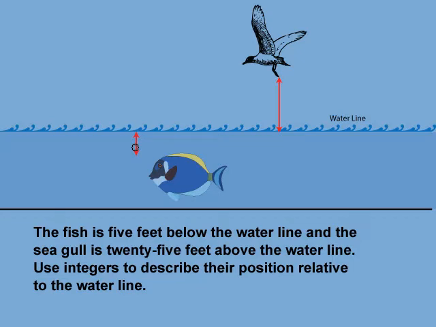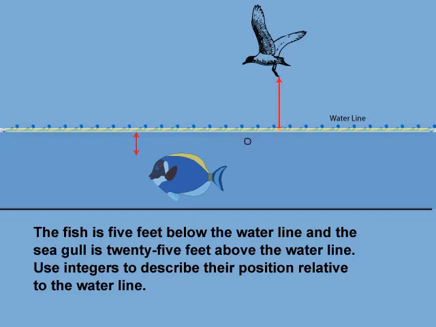Integers include the positive whole numbers, negative numbers, and 0. Think of the waterline as representing 0. We can define that a position above the waterline is positive, and a position below the waterline is negative.